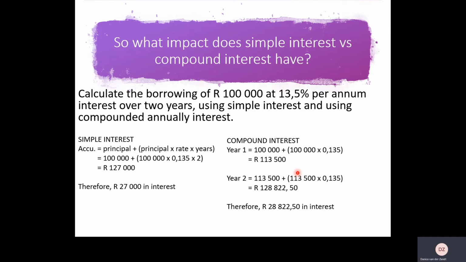I have my 100,000 plus my 100,000 times my interest rate. So since I'm splitting it up, I'm not going to times by 2. That is going to give me 113,500. Year 2, I still start with the principal.